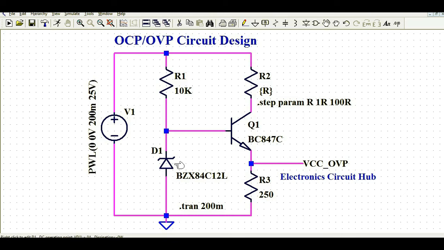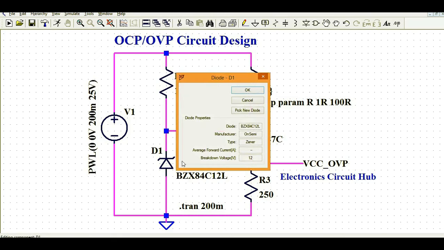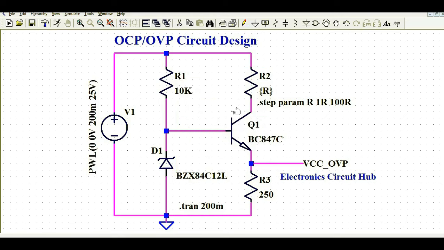So this is R1, and D1 is the Zener diode, and if I right click here, this Zener breakdown voltage is 12 volt. As soon as the voltage reaches 12 volt, only then does this Zener diode go into breakdown, and in the breakdown region the base voltage of this transistor is going to be 12 volt.